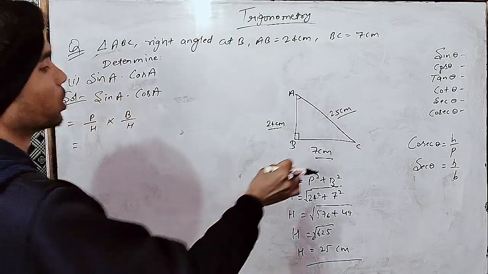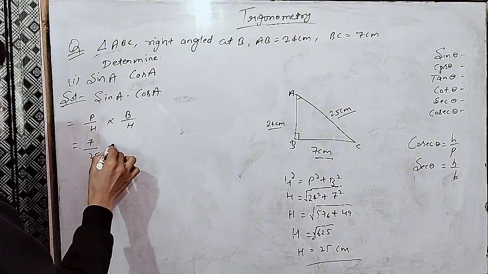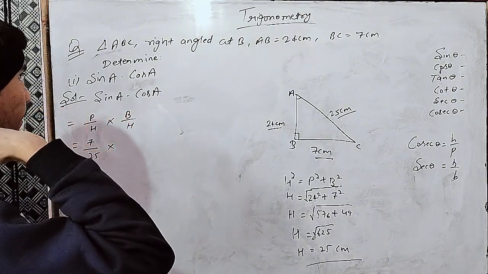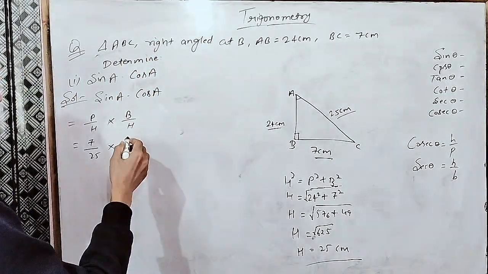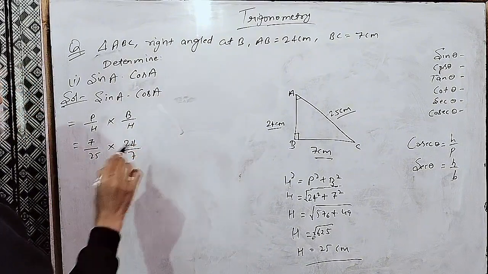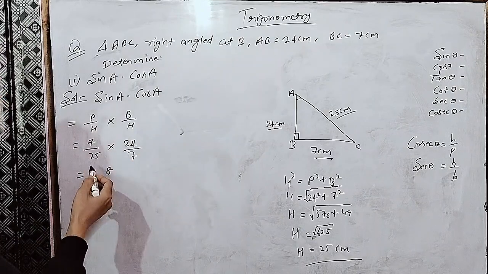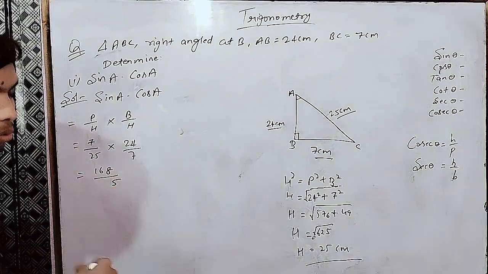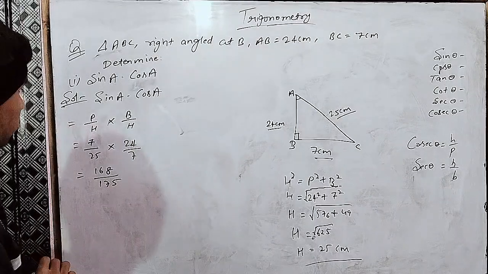P is 7 centimeter, H is 25, B is 24. It is also said the angle is at A, according to cos A. So B is 24 times 7. 7 times 4 is 28, 7 times 2 is 14, that's 168.